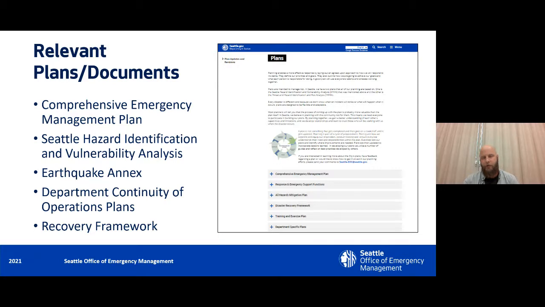If we have a catastrophic earthquake, we're going to be recovering from it for decades, really. The recovery framework helps outline some of those considerations for recovery, and also the organization of recovery, how we put a structure in place to guide it. Some of that was used to develop the structure we're using now for COVID recovery. So it's actually being used, not just on paper.